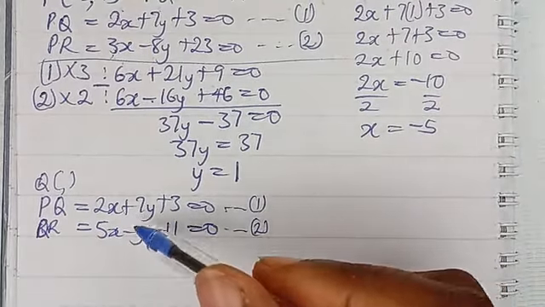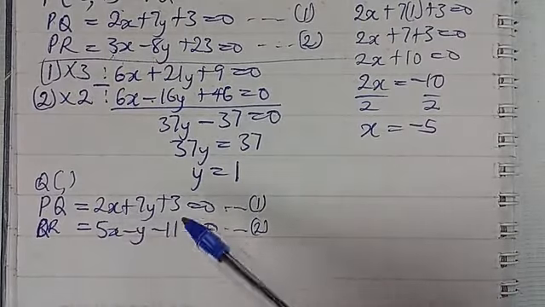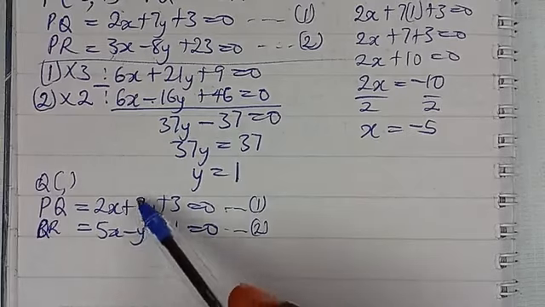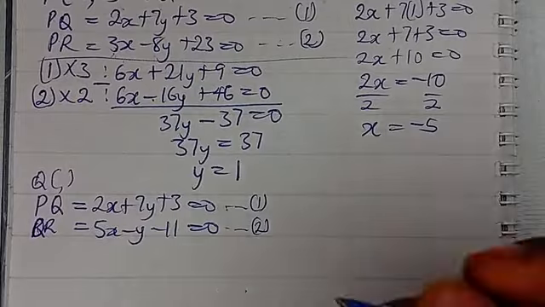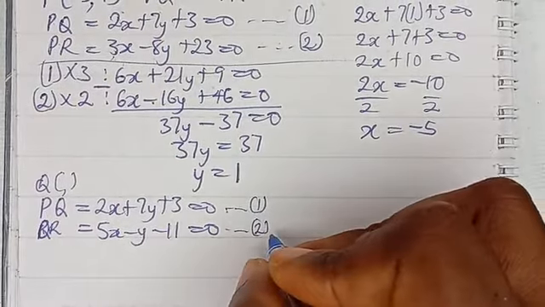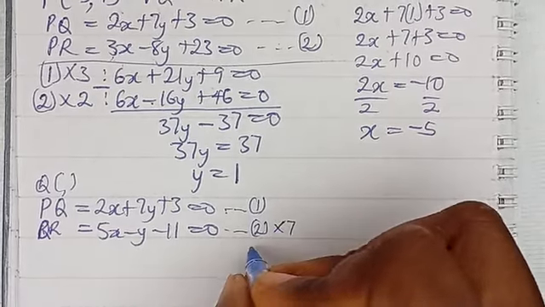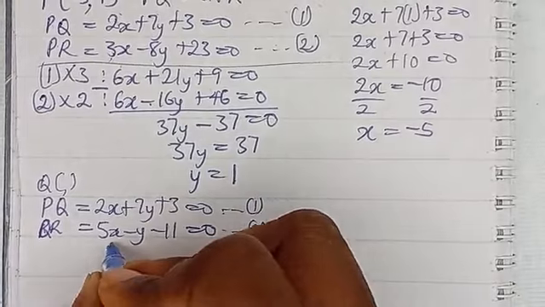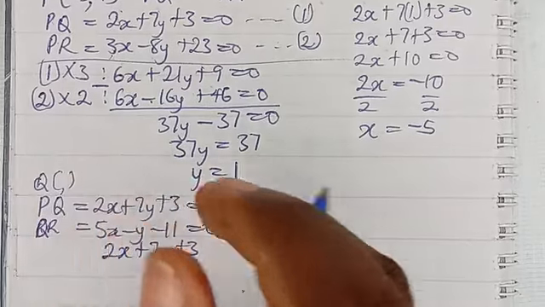Let us look at what we need to eliminate. We can multiply this by 5 and this by 2, or we can just multiply equation 2 by 7 so as to equate the coefficients of y. Okay, let's multiply equation 2 by 7. So we have 2x plus 7y plus 3, that is equation 1.